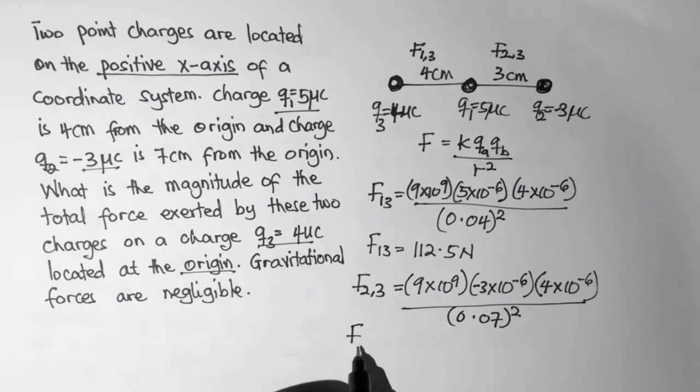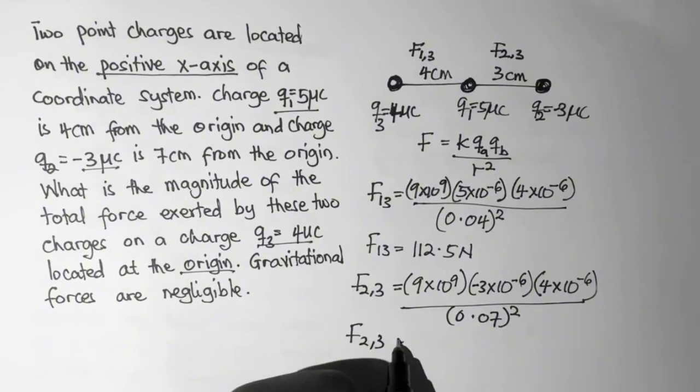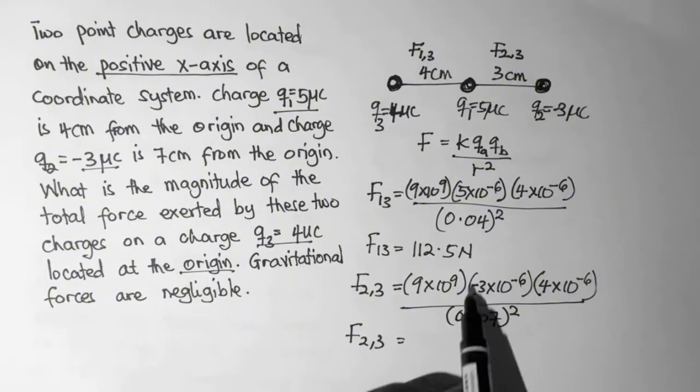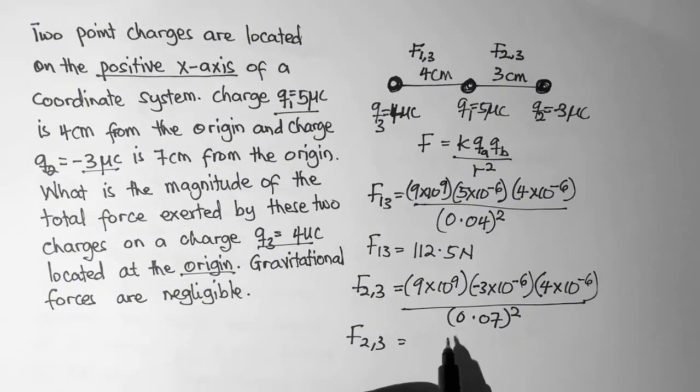So we find out that F23, if you compute all of this on the calculator, now remember that there's a minus here, so it's going to give us a minus answer.